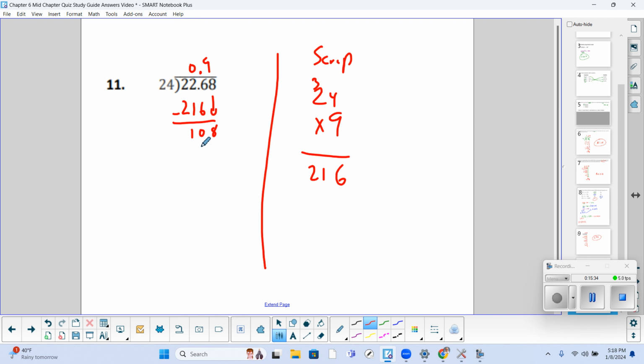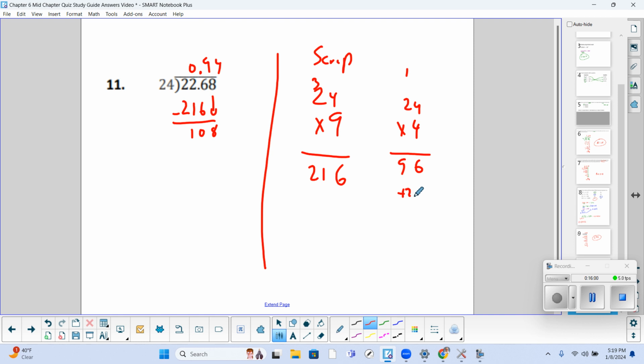Well, 25 times 4 is 100, so this is close to 100. Let me try 4 here. Actually, I should have tried it over here first. 4 times 24: 4 times 4 is 16, carry the 1. 4 times 2 is 8, plus 1 is 9. So 96. It's close to 108.